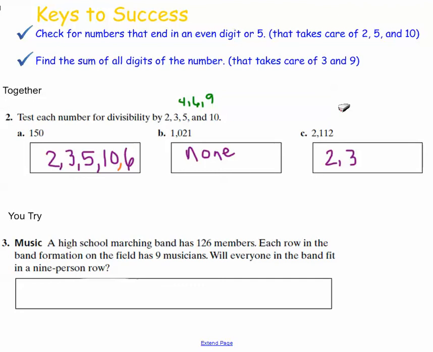So I should have 4, because 12 is divisible by 4, and we automatically have 6 because 2 and 3 are there. 5 and 10 don't work, and 6 is less than 9. So that's going to be my answer there.